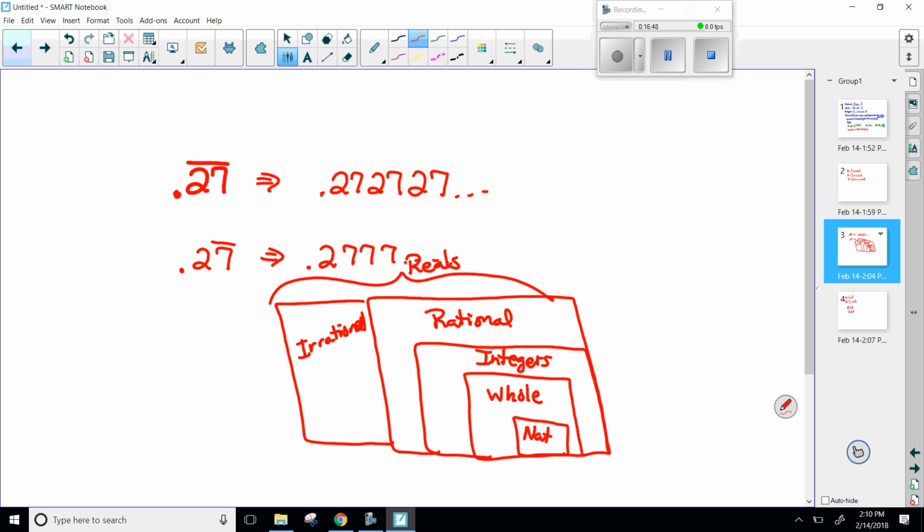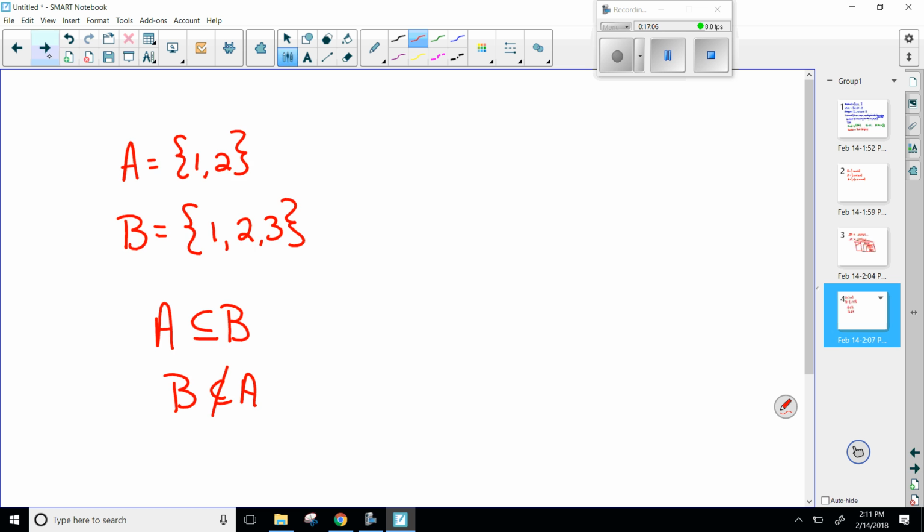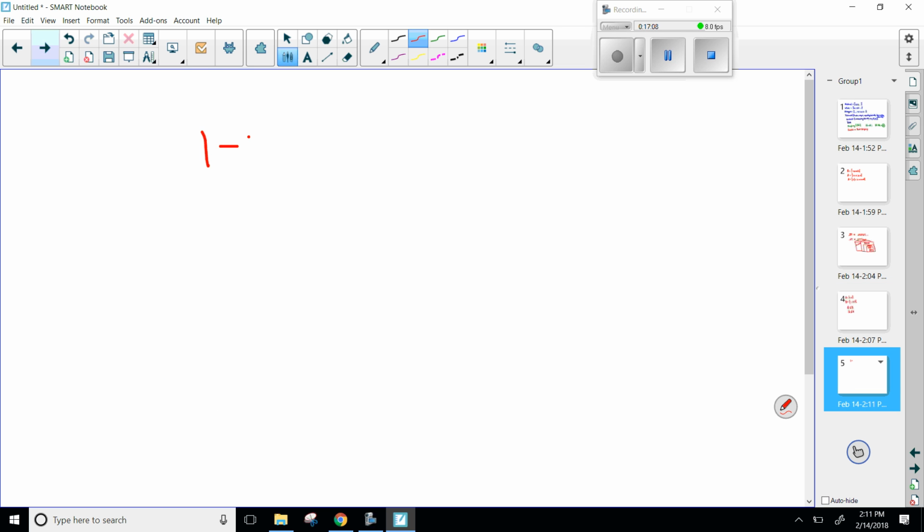Let's just stick with 1 through 10 for tomorrow. I might add to that tomorrow, but for right now, we'll just stick to the 1 through 10 for tomorrow.